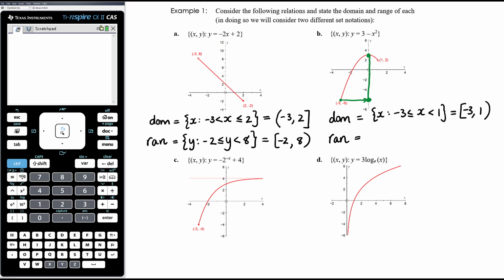So the range is everything from -6, so it's a set of y values from -6, including -6, up to, we can see from the rule that that turning point is going to be at 3, up to and including 3. Okay. Or as an interval square bracket -6 up to +3 with a square bracket.